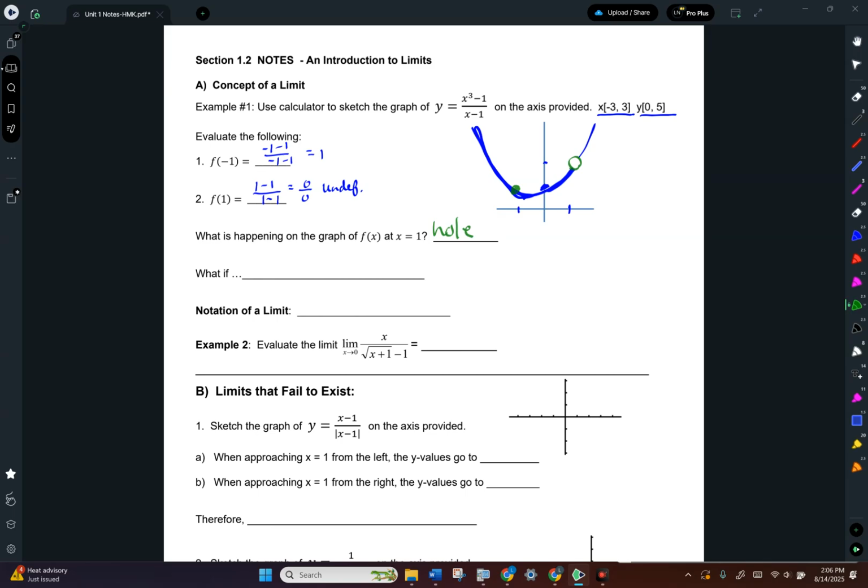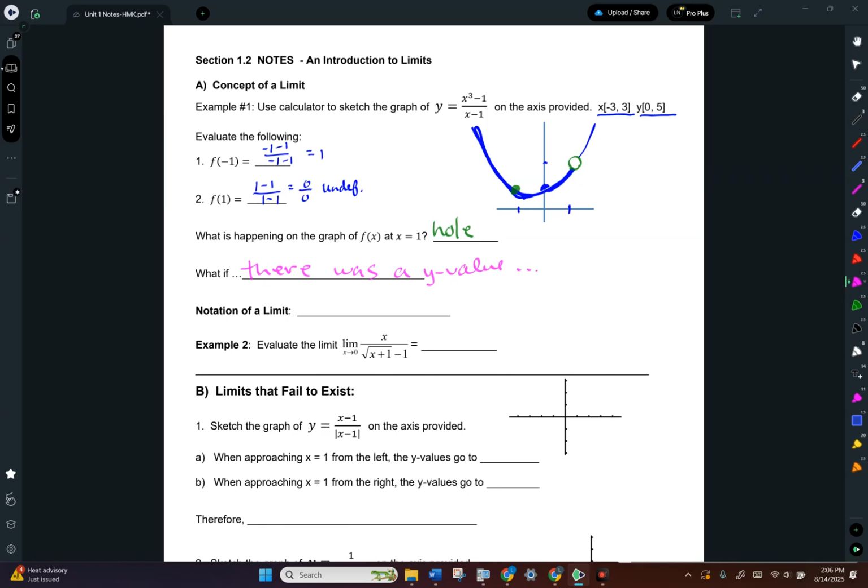Okay, so the question we want to ask in calculus is, yeah, there's a hole there, and we talked about that back in Algebra 2 and Pre-Calculus, but what if there was a y value there?